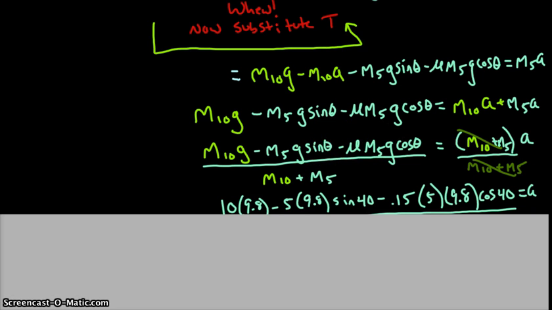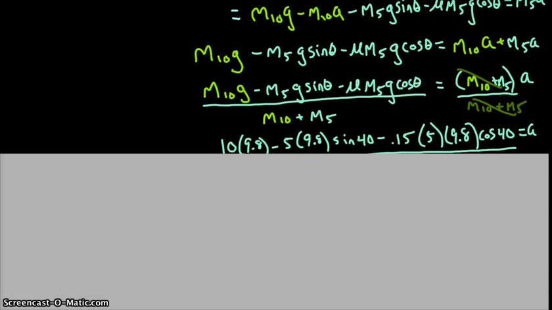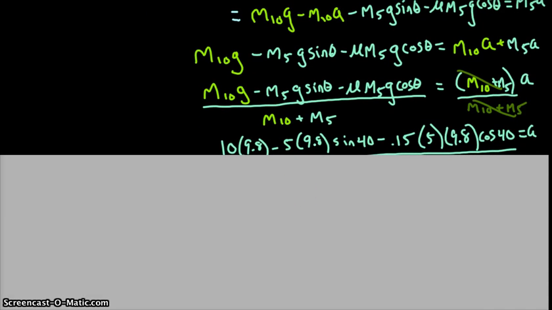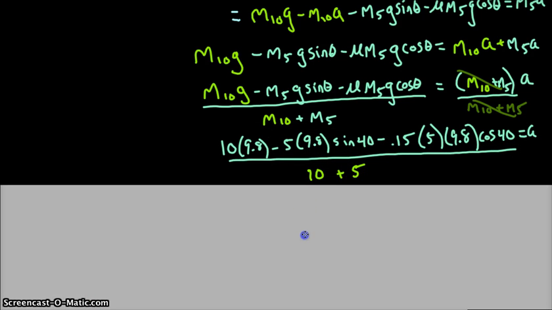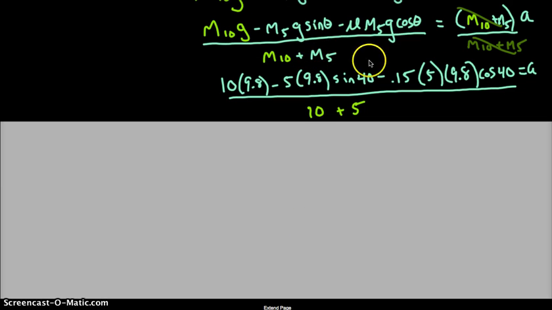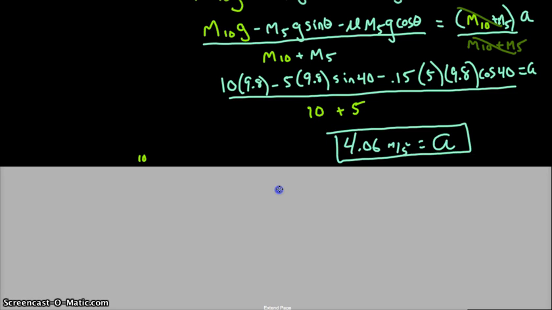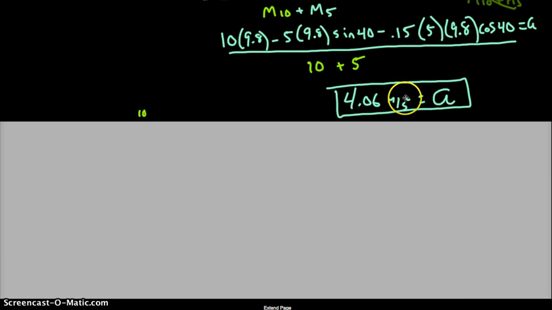But they asked us to get some numerical values, so now is the part where we can finally plug some numbers in. And like I say, I wanted to show you working a problem all the way through with symbols. Some of you might find it more convenient, as you're first starting out, to put some numbers in earlier. It's not the best practice, but more convenient. If you crank it all out and calculate it, you'll get an acceleration of 4.06 meters per second squared up the ramp.